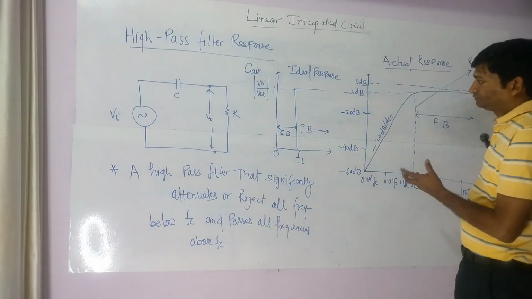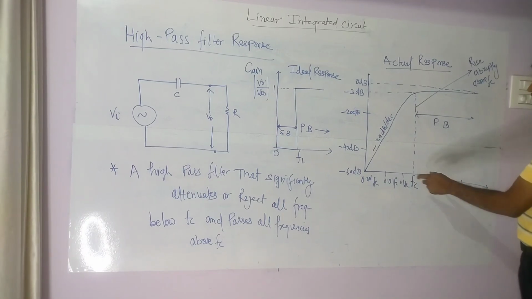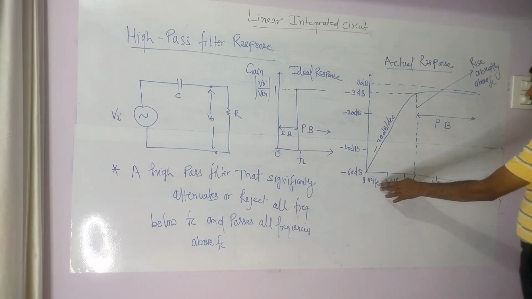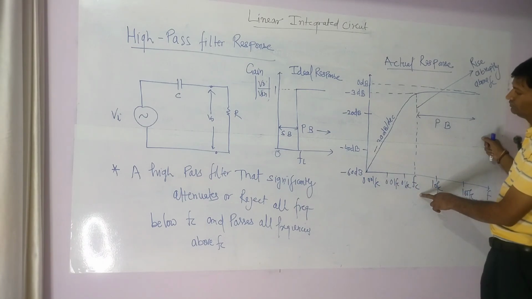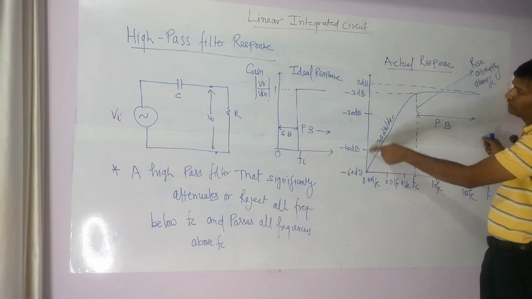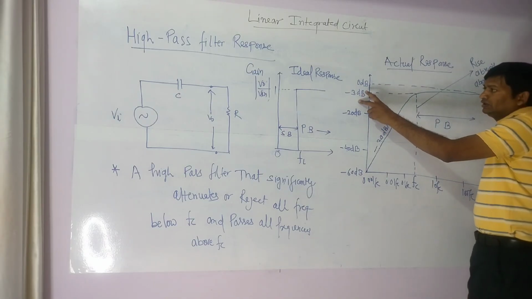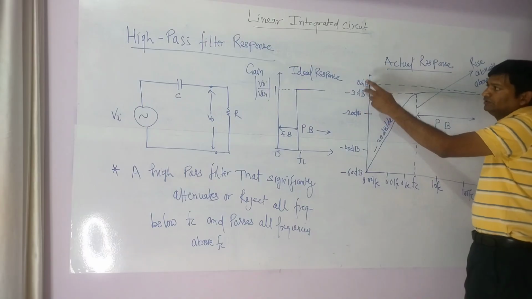We want to check the actual response of this high pass filter. Suppose that this is the high pass filter response. The cutoff region lies between 0.01 FC and FC. At the minus 3 dB cutoff point, the response goes from minus 3 dB to 0.